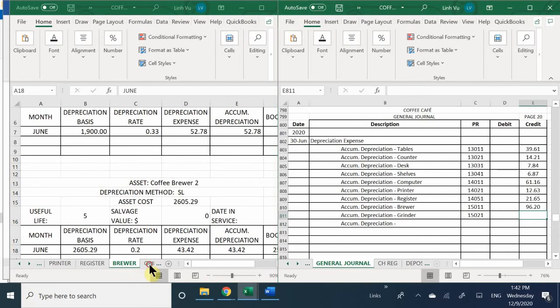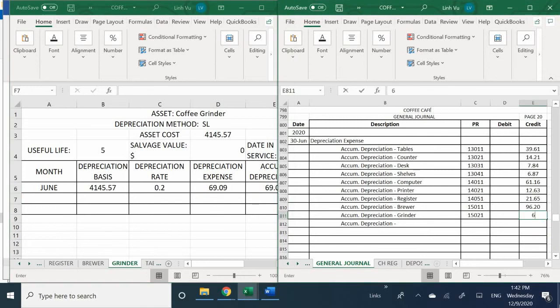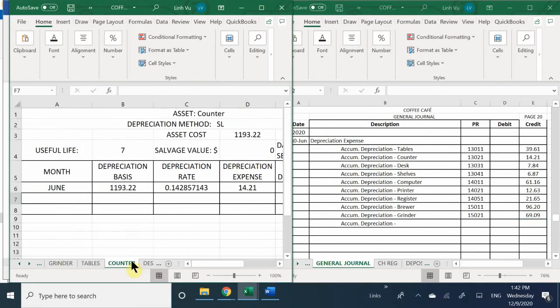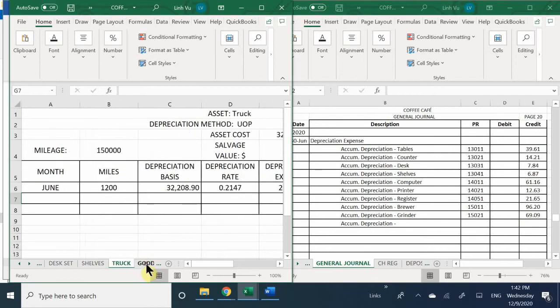Okay, let's go look at our grinder. For how much? $69.09. 69.09. Alright. We already did the tables, the counters, the desk set, the shelves.